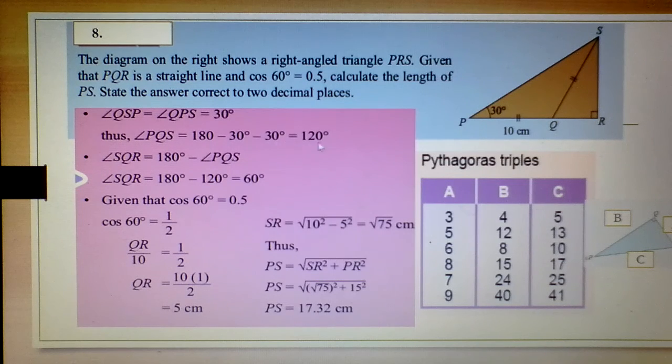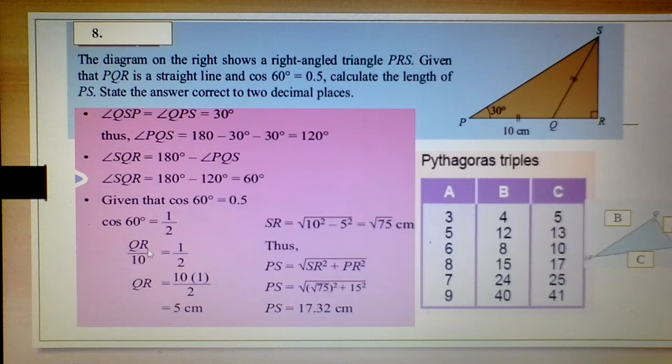Thus PQS, the total angle is 180, minus 30 and 30, so here is 120. So SQR here, 120 on this side, so here is 60. So given cos 60 is 0.5, 0.5 is equal to 1/2.